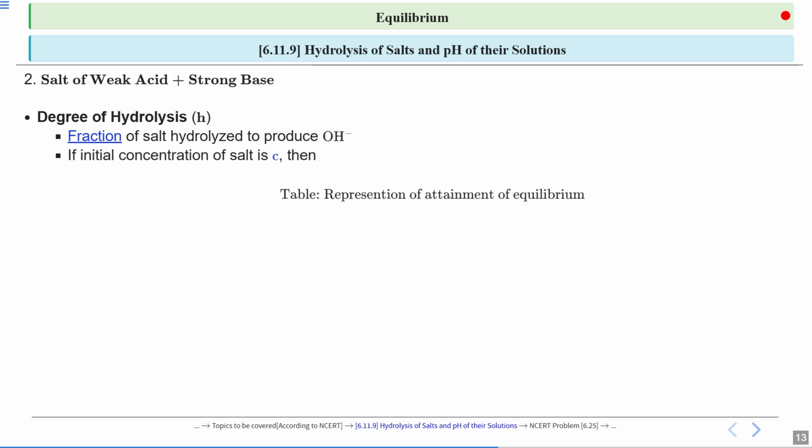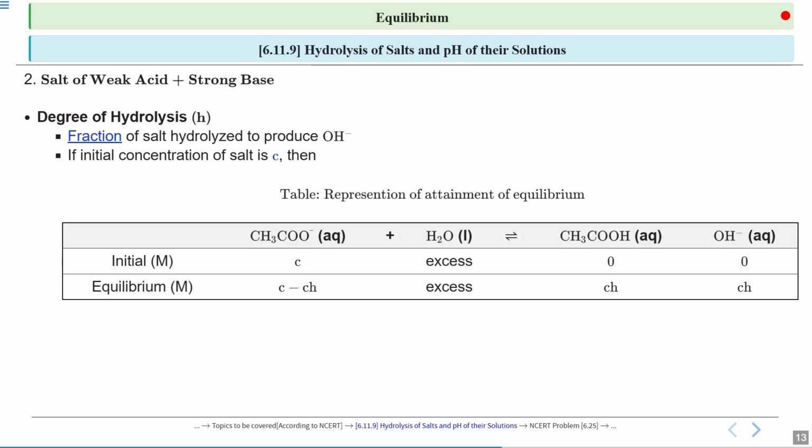Say we have an initial concentration C, then we can represent this equilibrium attainment with the help of this given table. Initially we have C amount of acetate ion. Suppose H fraction of salt is getting hydrolyzed.